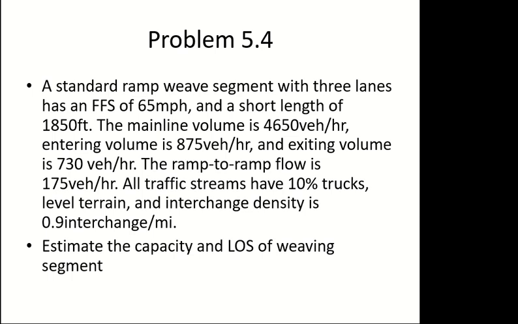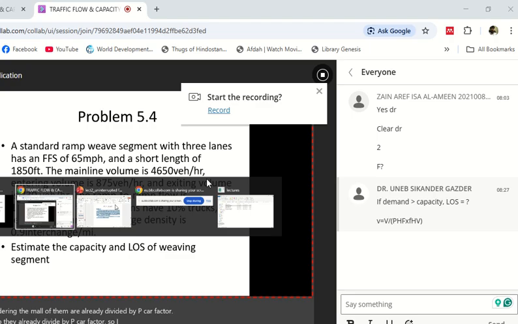Here the peak hour factor is not given. They have used the term flow here, so I'm considering all of them already divided by peak hour factor, so I will just divide by the FHV here.